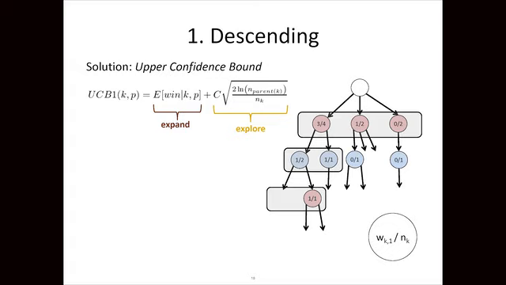On the other hand, you have this exploration term. And you might not be able to read the font there, but what this is basically saying is that it looks at the number of games that I have been played through, and it looks at the number of games that my parent has been played through, and it tries to preserve those numbers at a certain log ratio.